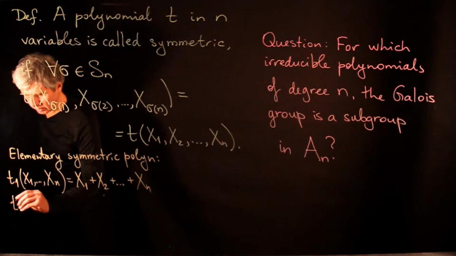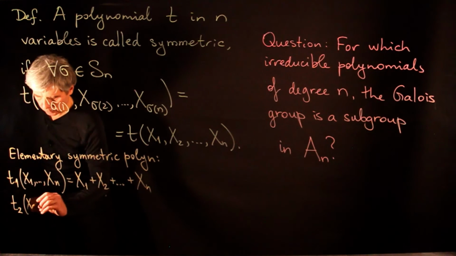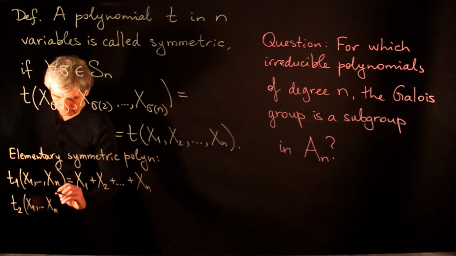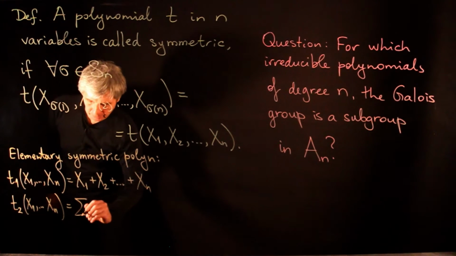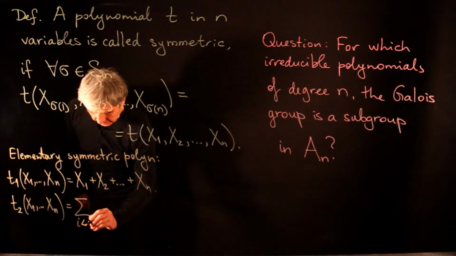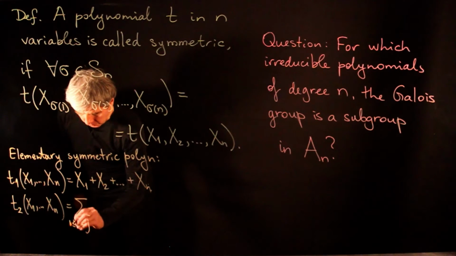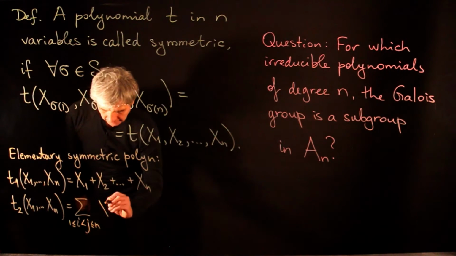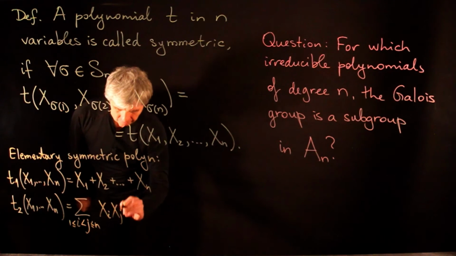The polynomial T2 of x1, ..., xn is the sum over i less than j, between 1 and n, of xi times xj.